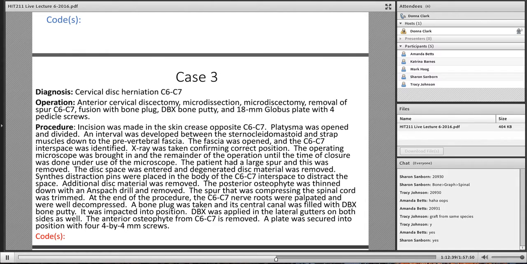a micro dissection, right? So now if we were to code the operating microscope, if you were to try to go to that code, how would you look that up? You're going to look up micro dissect. So what do you come up with if you go there?